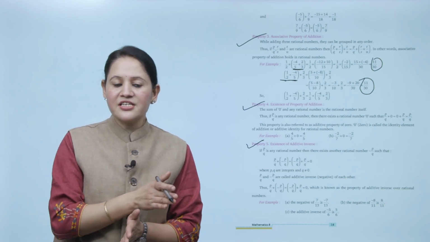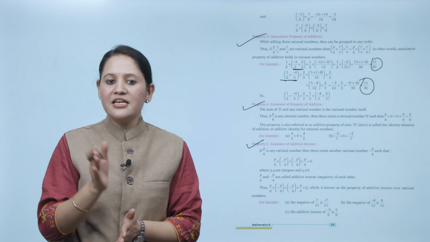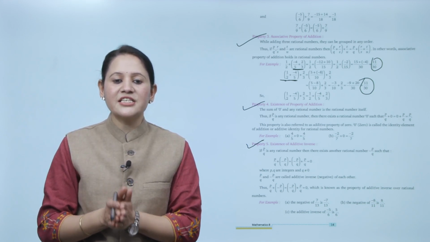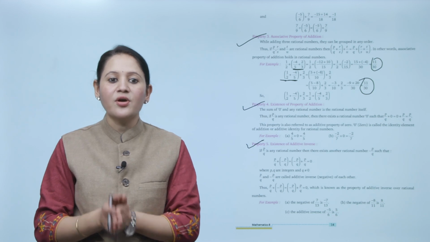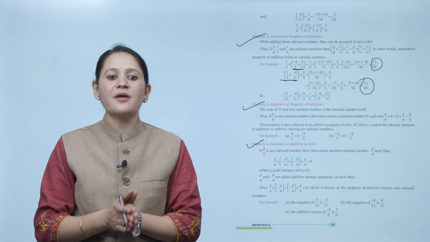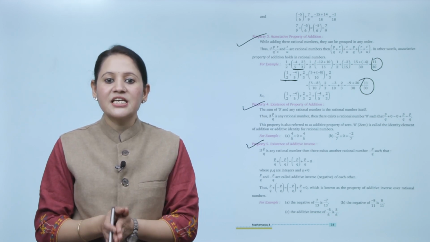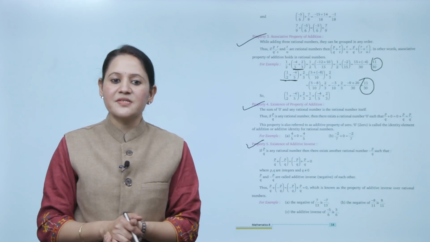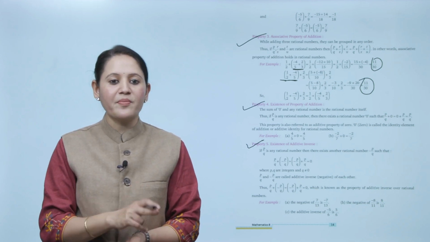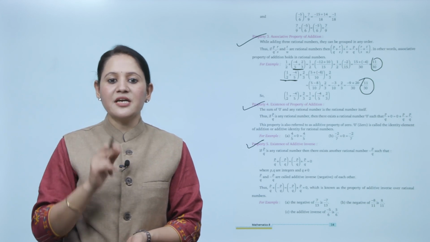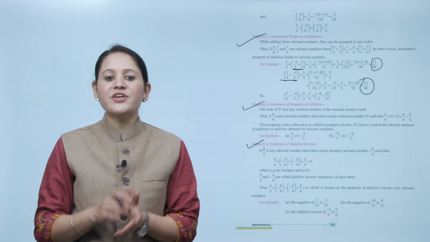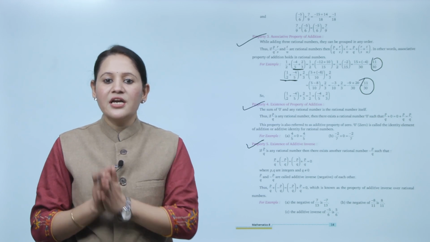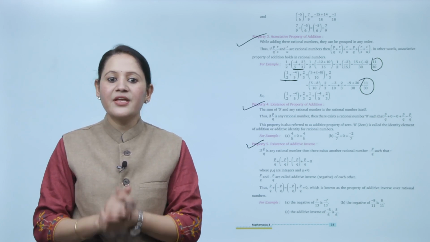Means अगर rational number and we'll add additive inverse of it, we'll get 0, where P and Q are integers and Q is not equal to 0. P upon Q and minus P upon Q are called additive inverse, negative of each other. Thus, P upon Q plus minus P upon Q equals minus P upon Q plus P upon Q equals 0, which is known as the property of additive inverse over rational numbers. Clear?